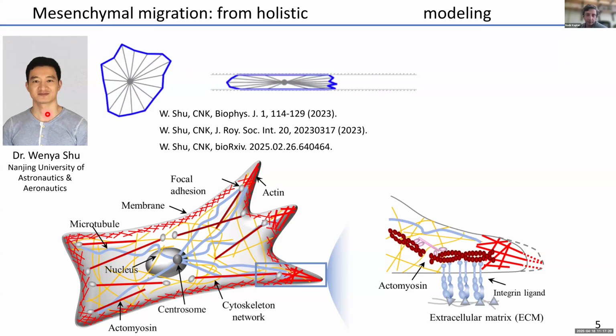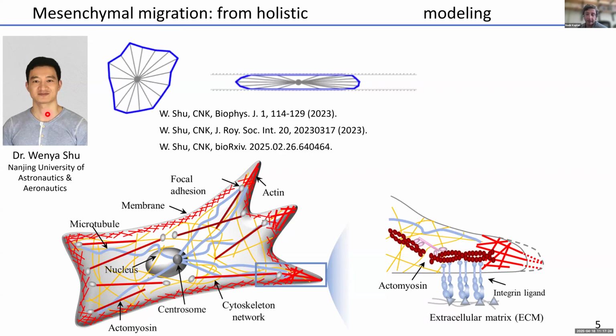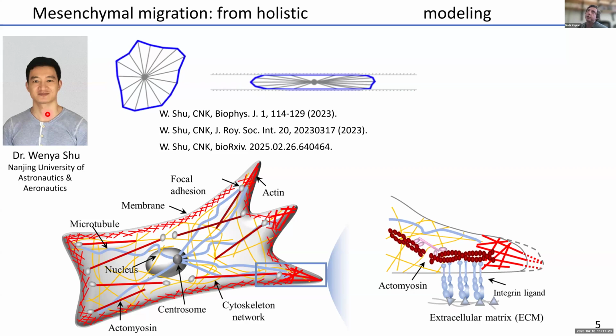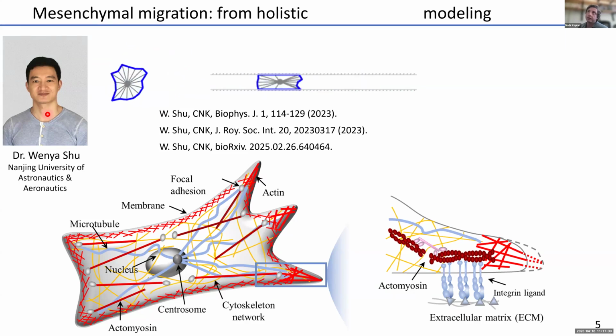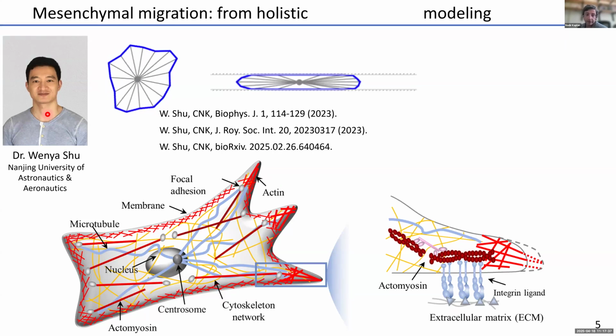I call it a Tamagotchi. So we have this cell living in our computers, and it allows us to quantitatively verify experimental findings, but also to make new predictions, which I will detail shortly.